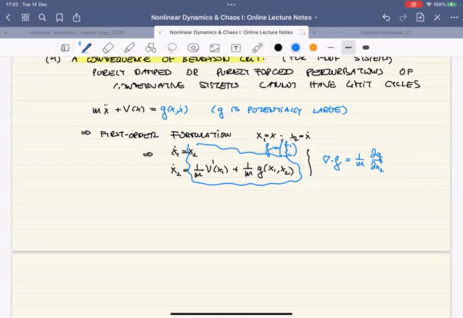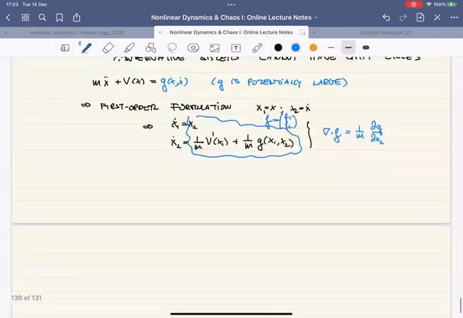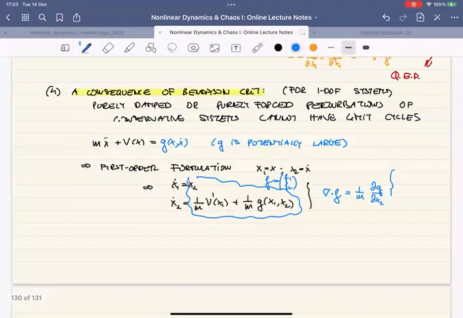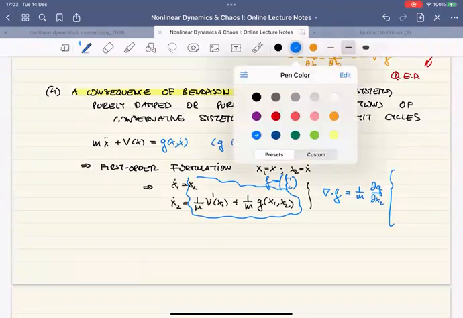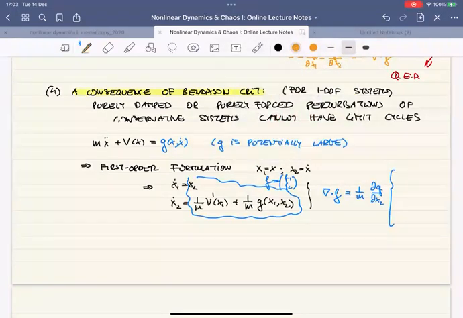And here's where I define what I mean by a purely forced or purely damped system. When I find that this derivative is larger than 0, I will call it purely forced.